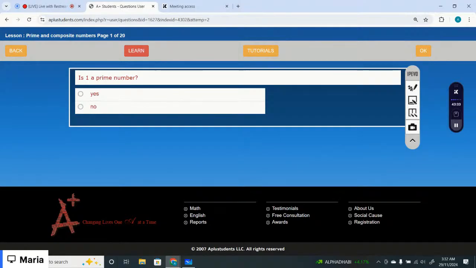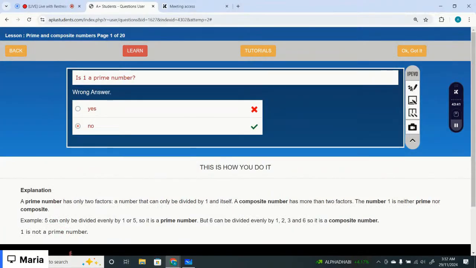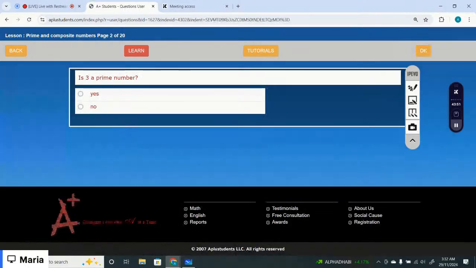Is 1 a prime number? Yes, it is. 1 is a prime number. No, 1 is not a prime number. Basically, 1 is neither prime nor composite.